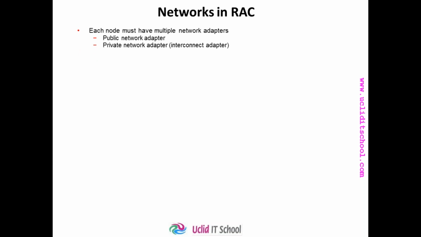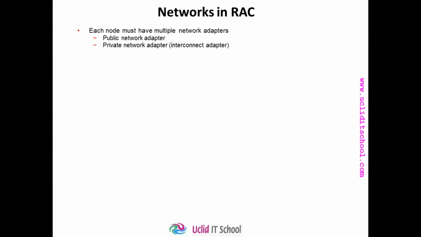One is called the public network, which is used by clients to connect to the RAC database. So the public network is nothing but your LAN. Your RAC servers, your cluster nodes, are connected to the LAN using the public network. So all the clients access the RAC system using the public network.